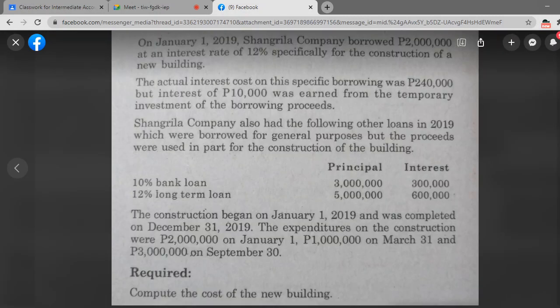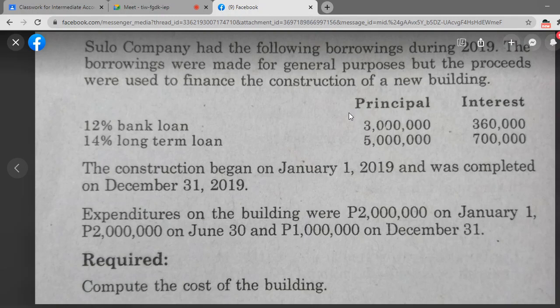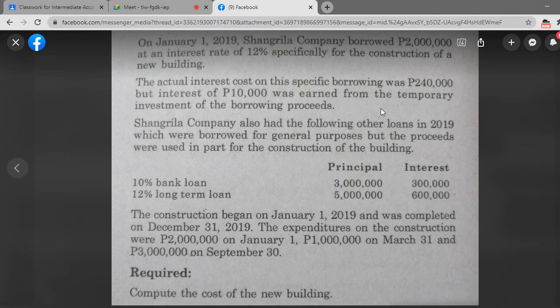So, actually, if you could notice as well, atong general loans, mas dako compared sa ato ang total expenditures. For example, in Sulu Company, you have 8 million. Pero ang total lang na atong nagamit for the building is 5 million. Therefore, ang 3 million, gigamit pa niya sa uban ng mga items. In Shangri-La, we have 8 million as well. Pero ang atong nagamit is 3, 4, 5, 6 million, pero ang 2 million ana gikan sa specific borrowing. Ang specific borrowing most of the time ubos-ubos gyud na, like mahurot gyud na tanan for the construction.